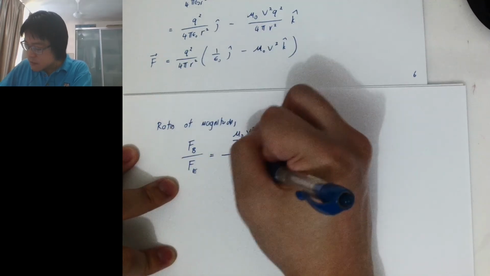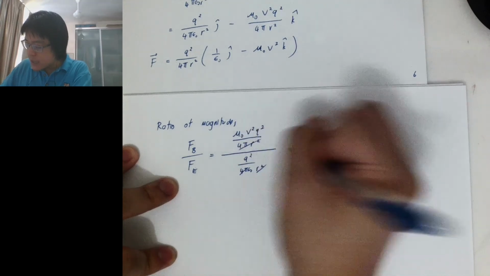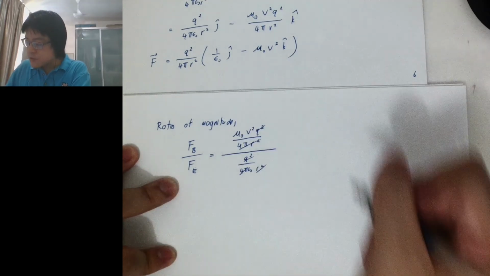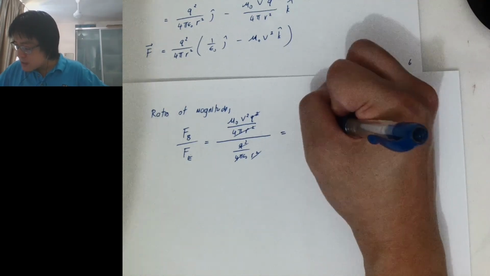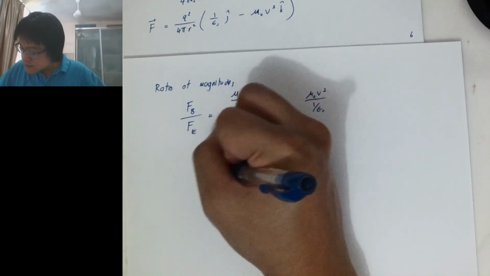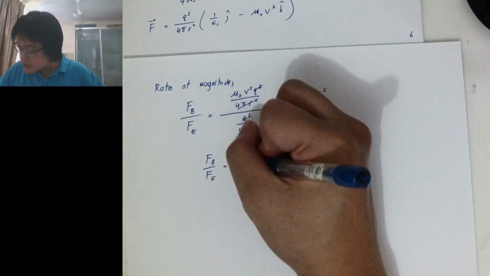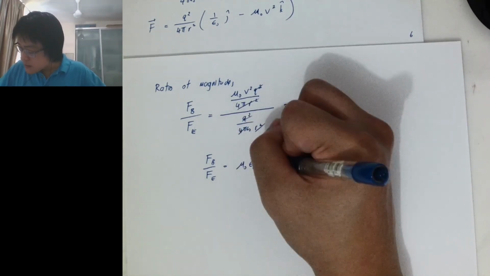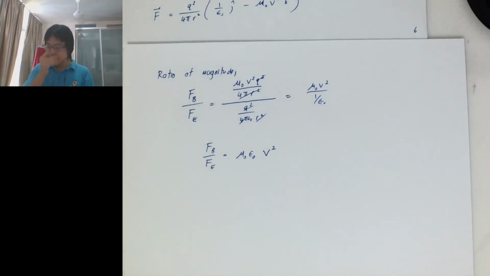So it's q square over 4 pi epsilon r square. So 4 pi r square cancel, q square and q square cancels with each other, and what we have here is mu v over 1 over epsilon. So the ratio is just, as you can see, 1 over epsilon divided is just mu epsilon v square, right? So this is the ratio of the forces.